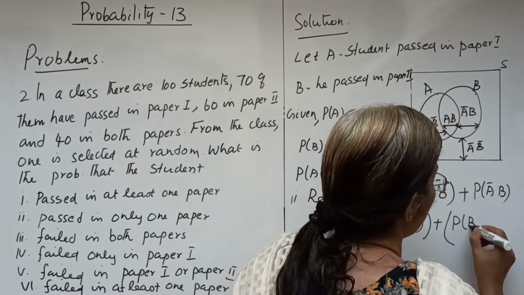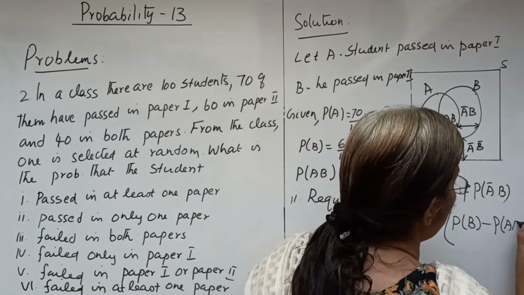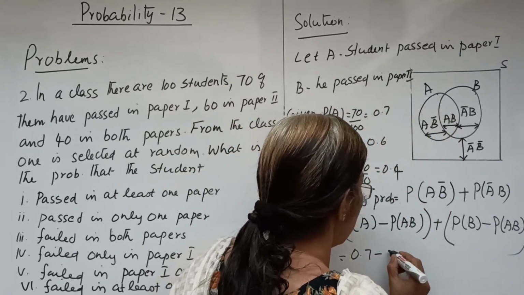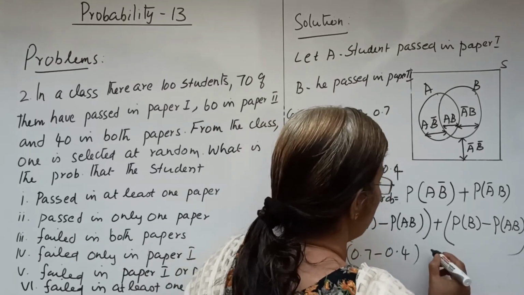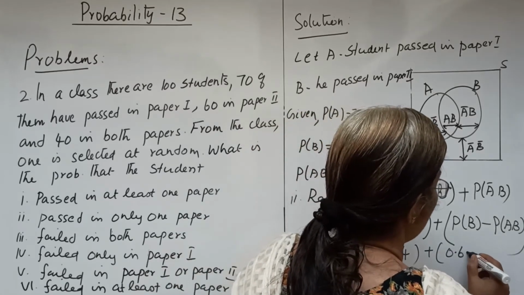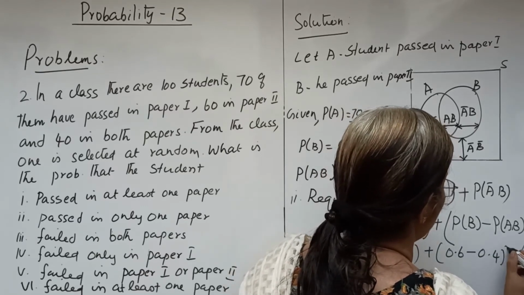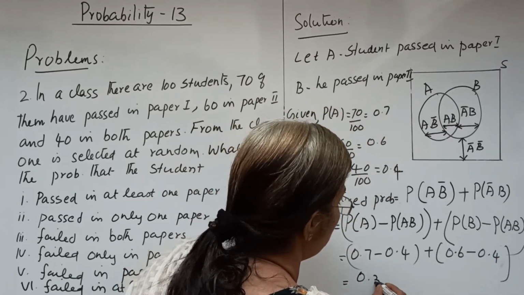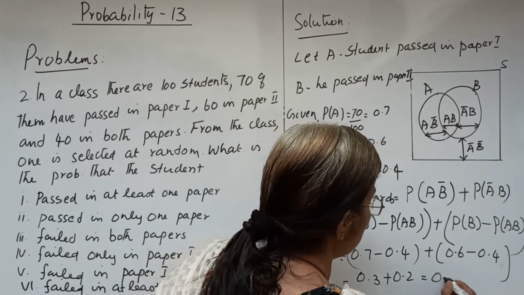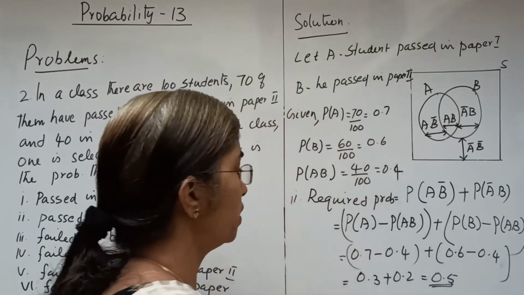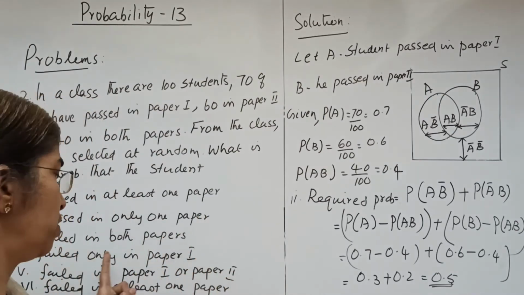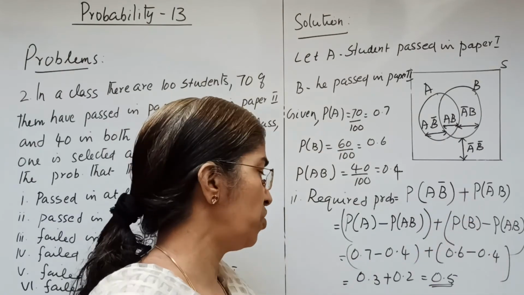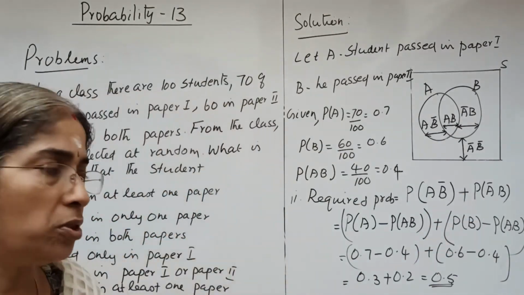So it is simply 0.7 minus 0.4 plus 0.6 minus 0.4, which is 0.3 plus 0.2 equals 0.5. So the required probability, P of A B bar plus P of A bar B, is 0.5.